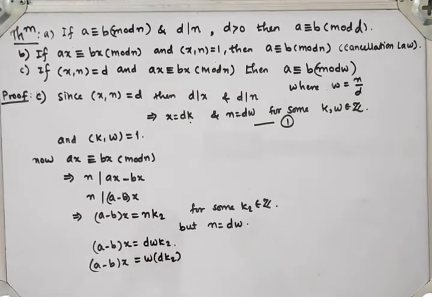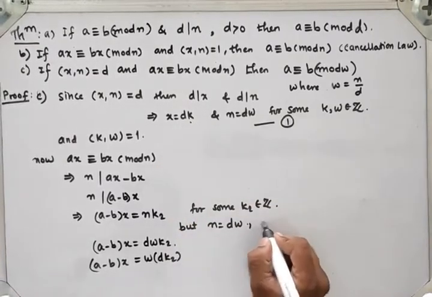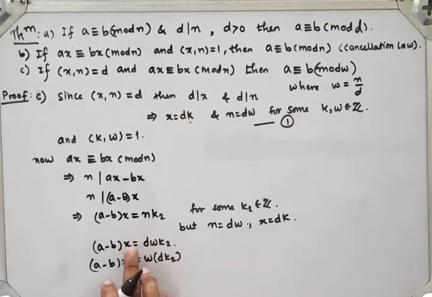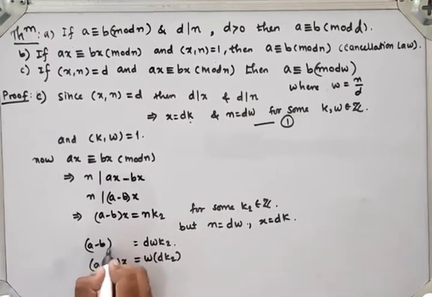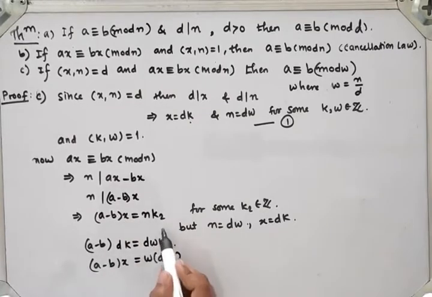In equation 1, x also has value d into k. So I will substitute here again. So I get a minus b into dk is equal to dw into k2, where x has value dk and n has value dw.